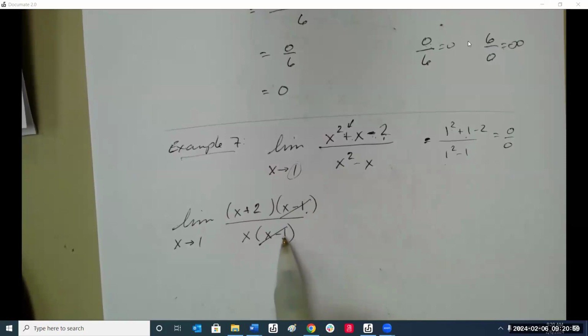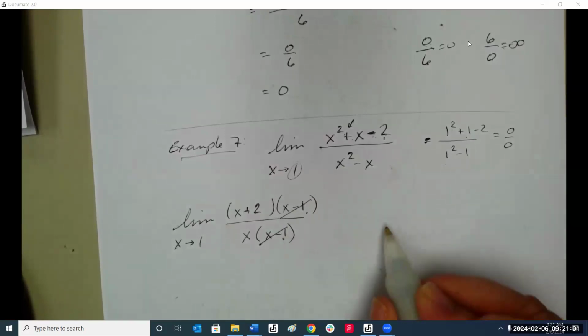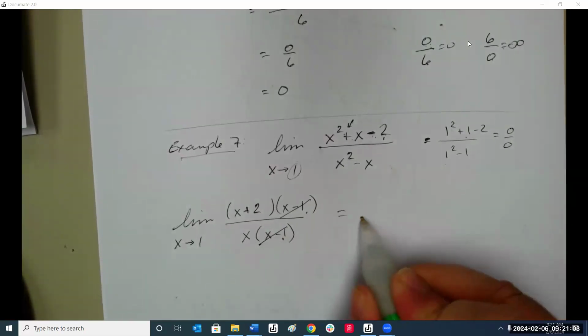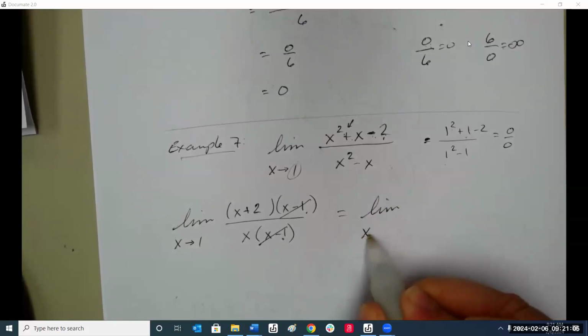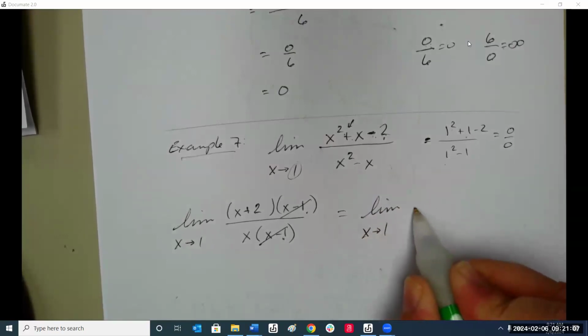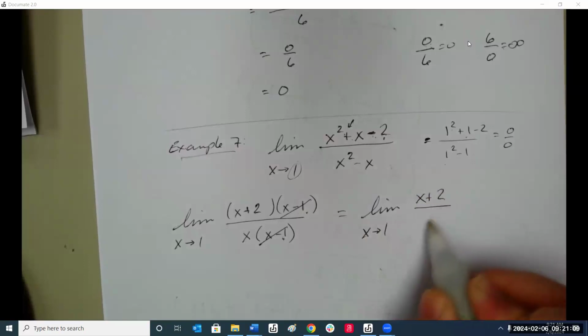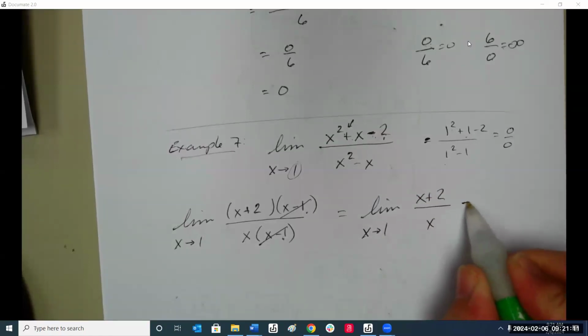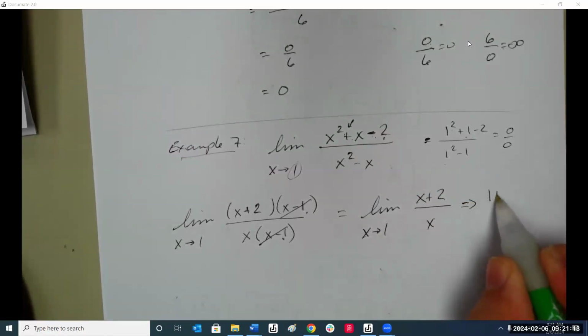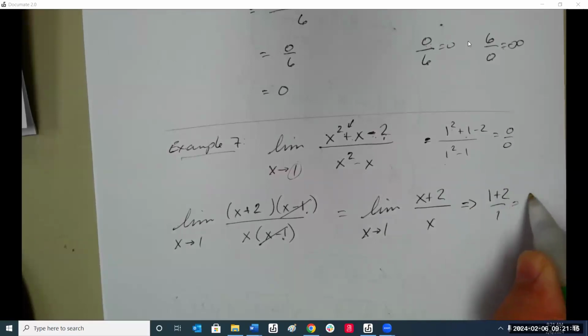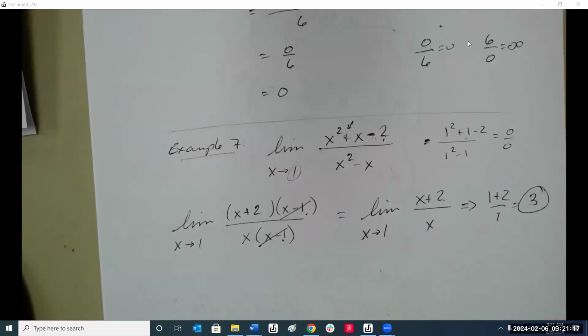So we got rid of the asymptote. So now we just have the limit as x approaches 1 of (x plus 2) over x. 1 plus 2 over 1 is 3. So the limit of that function is 3.